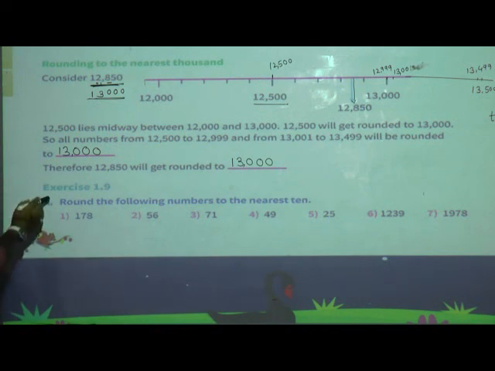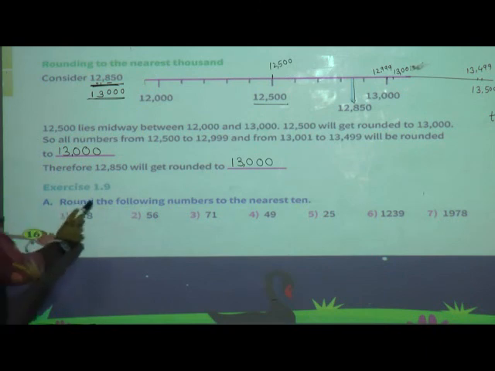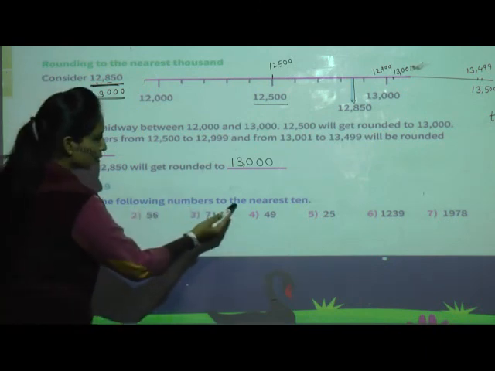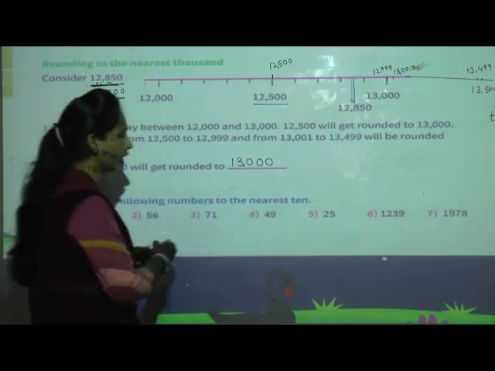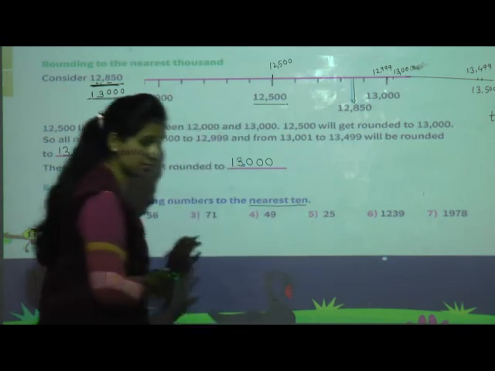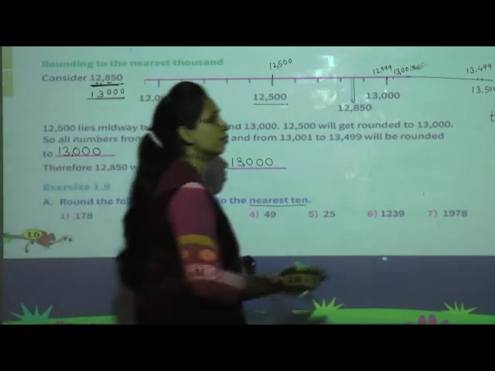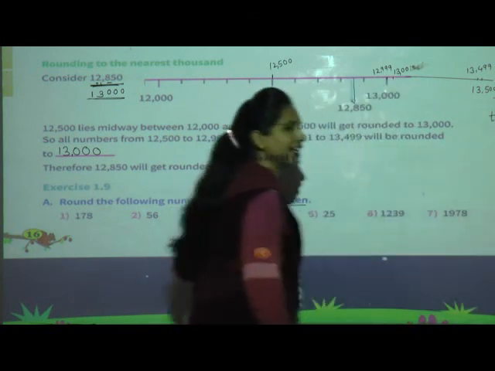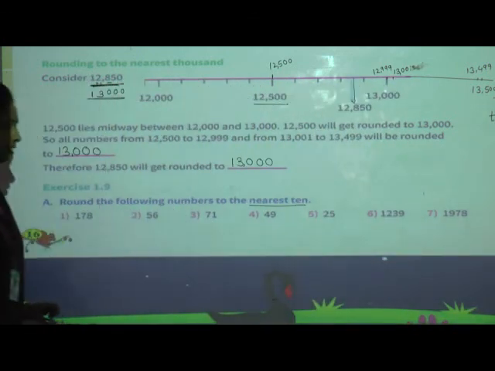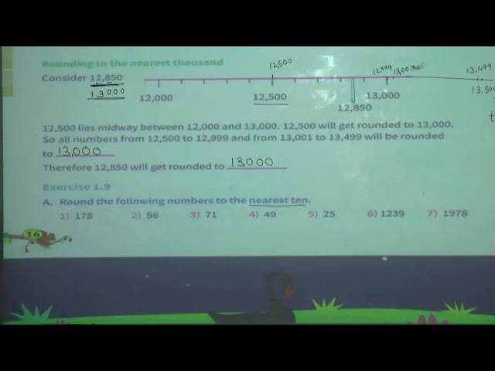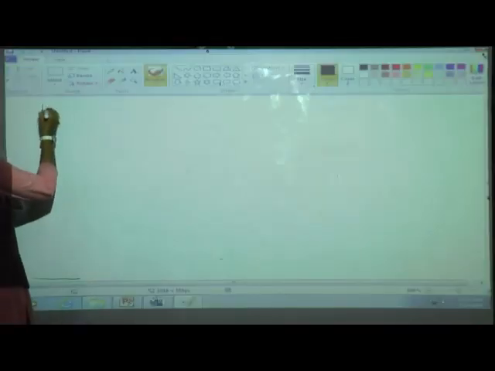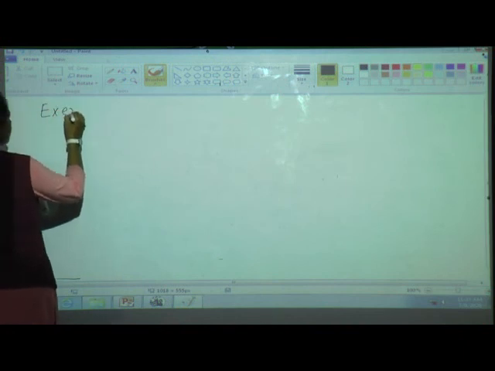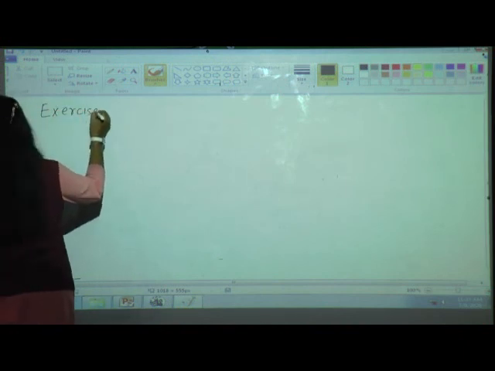Now we will start our exercise 1.9. What is the A question? Round the following numbers to the nearest 10. See what we have studied. If nearest tens, just look at the ones place. Let us solve one by one. Let us start the first example of exercise 1.9.